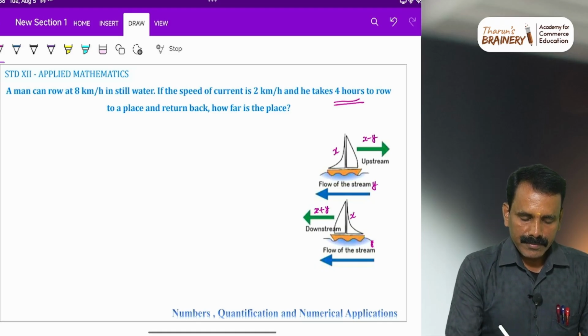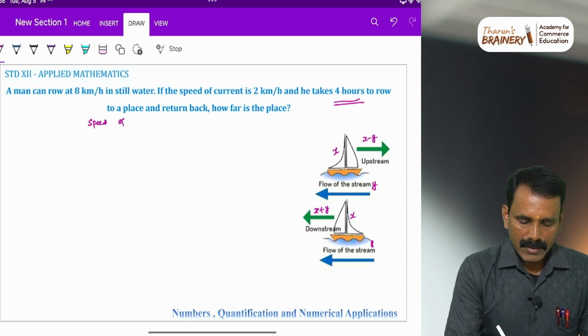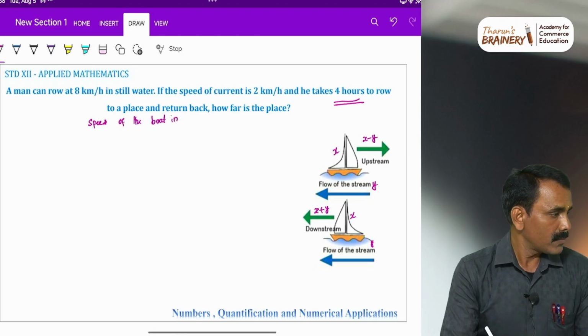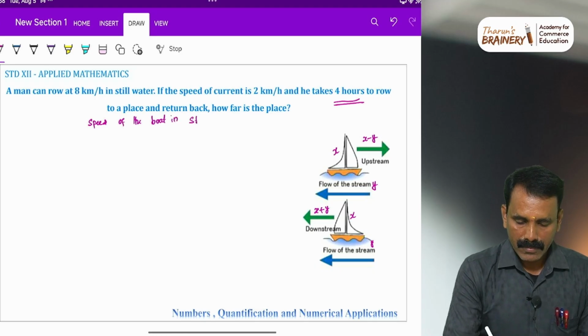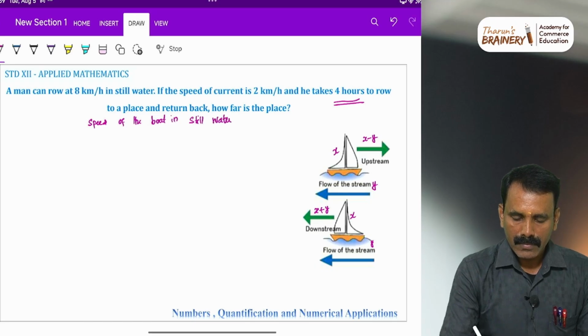So we write: speed of the boat in still water, x kilometer per hour.